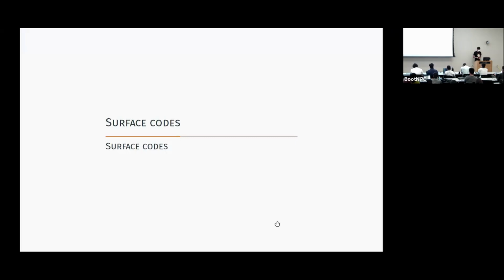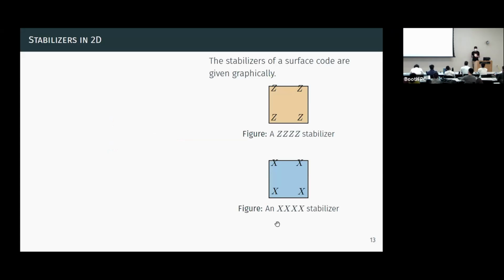Maybe let's have some more pictures in here, because that's the main innovation of surface codes. We've looked at matrices and stuff, but we live in a three-dimensional world. If we can draw a picture in 2D space, it will help us measure these stabilizers, because if our stabilizers are all geometrically local, then we can actually build a device that measures those stabilizers efficiently.